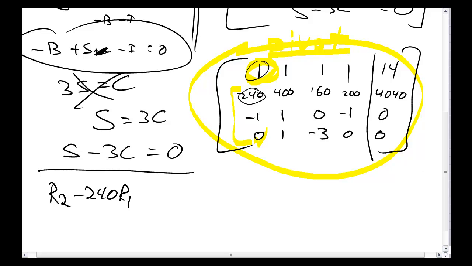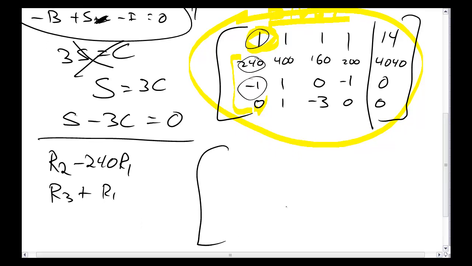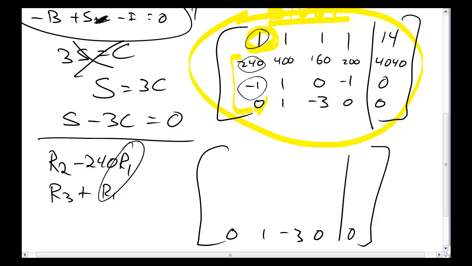So I'm also going to tackle row 3. Row 3, I'm going to just add row 1 to it, because negative 1 plus 1 will give me the 0 I'm after. Notice that I don't need to change row 4, so I'm going to copy row 4 just as it was. And I'm not changing row 1. Row 1 is doing the changing here, so I'm going to copy it down just as it was.